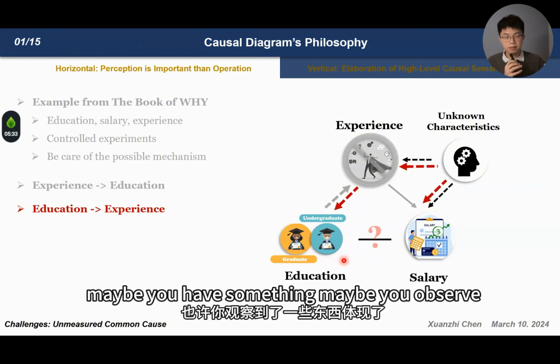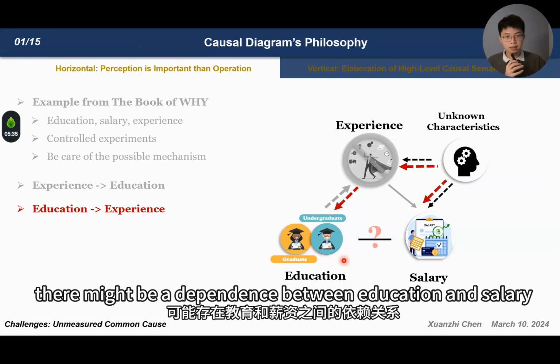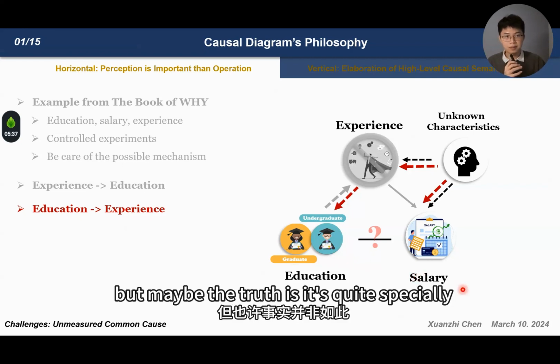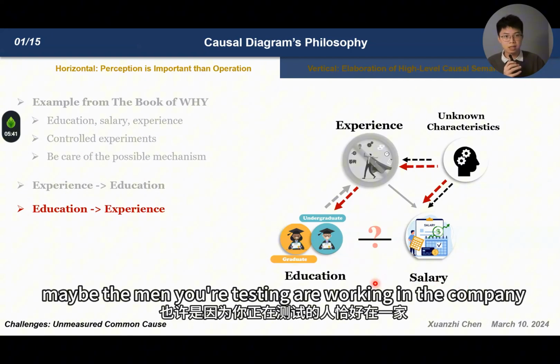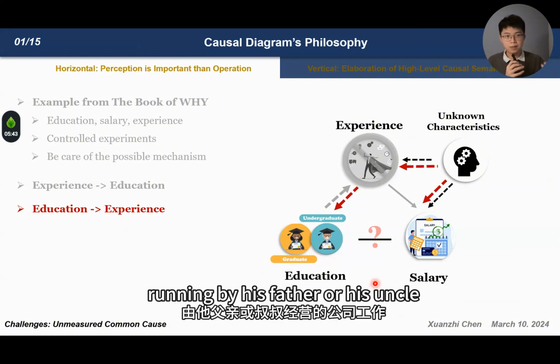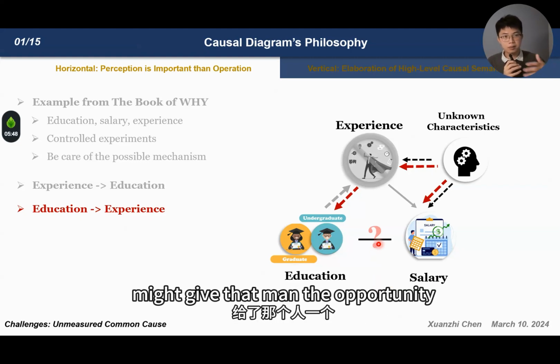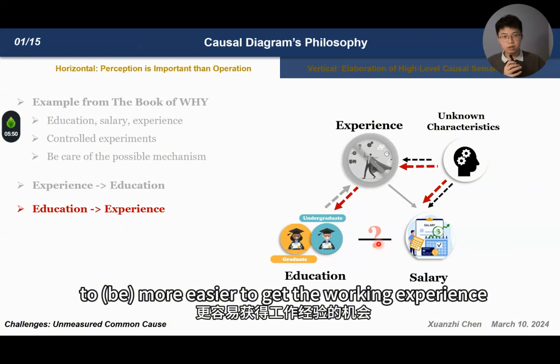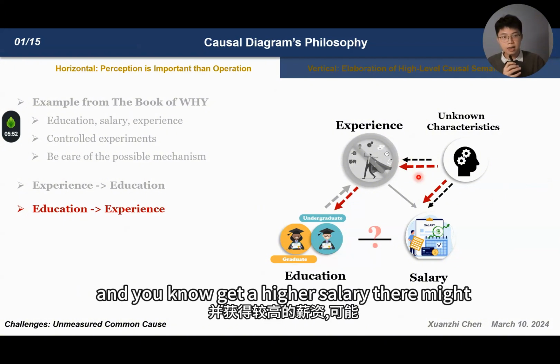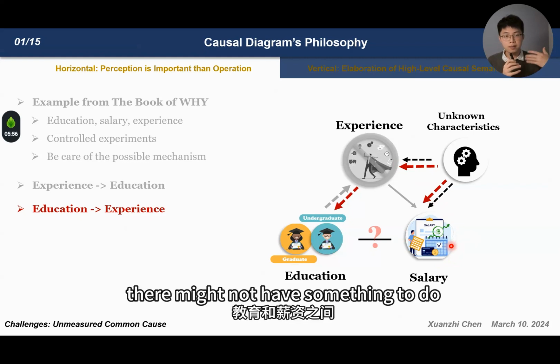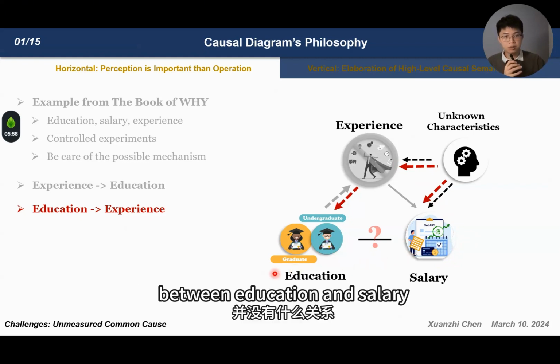Maybe you observe there might be a dependence between education and salary, but maybe the truth is quite special. Maybe the man you're testing is working in a company run by his father or his uncle. I don't know, but that might give that man the opportunity to more easily get the working experience and a high payment salary. They might not have something to do between the education and salary.